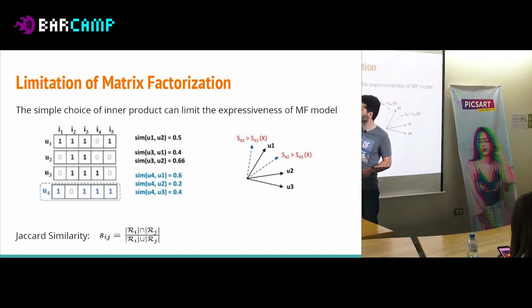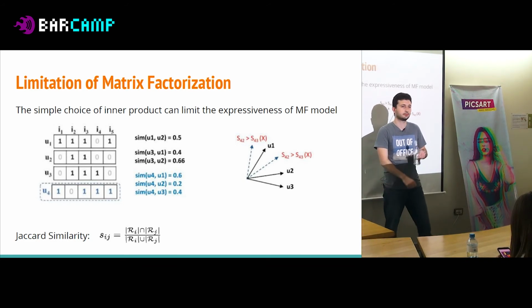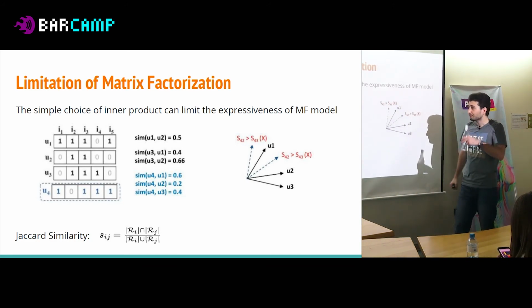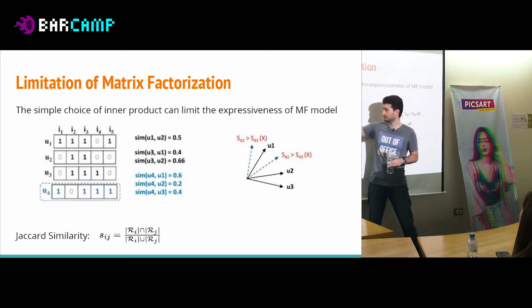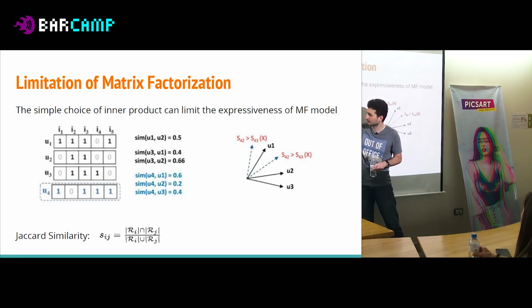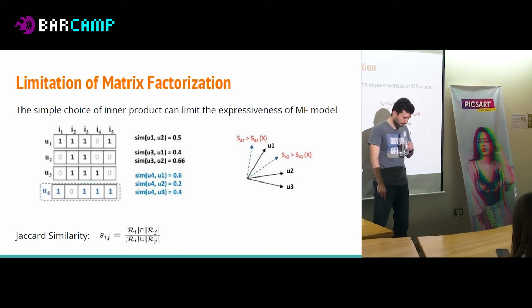It's going to be 4. So intersection is going to be 2, union is going to be 4. So the similarity between user 1 and 2 is going to be 0.5. OK, so we can calculate this similarity for all 3 users. Let's forget about user 4 for a moment.